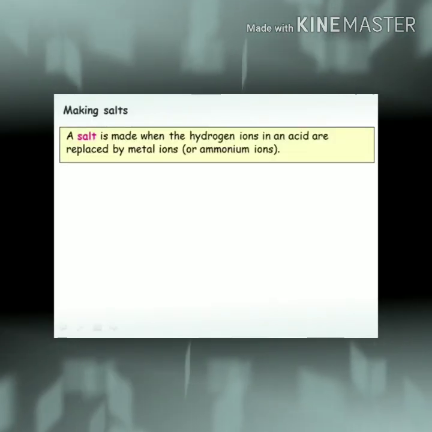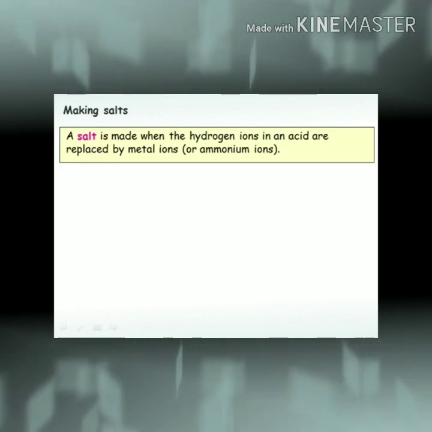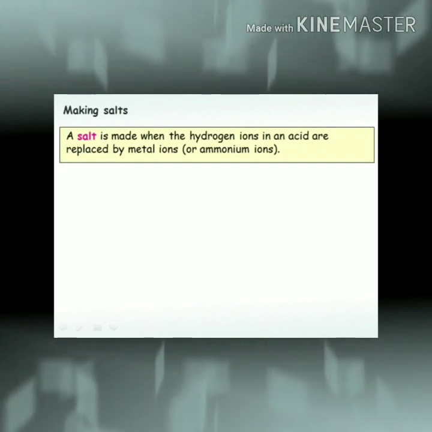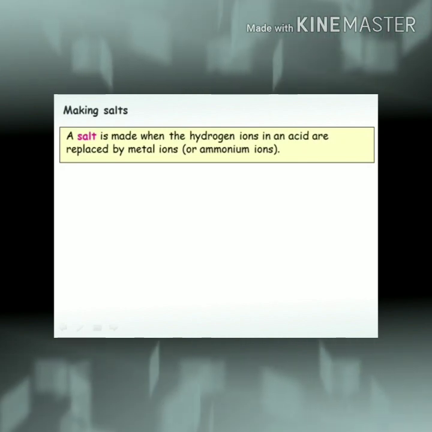Now the next slide will be the formation of salt. So how to make salt? Basically, a salt is made when the hydrogen ion in an acid is replaced by a metal ion or an ammonium ion. Students, we have a huge kind of salts, like complex salt and compound salt, and now normal, I mean common salt.